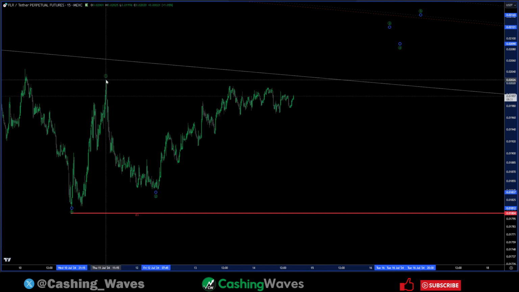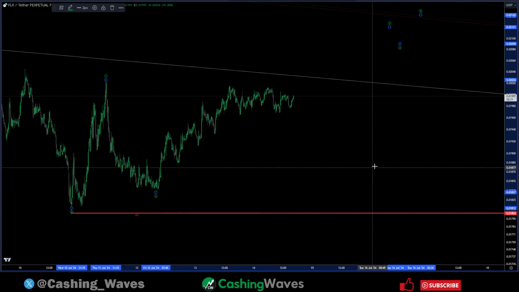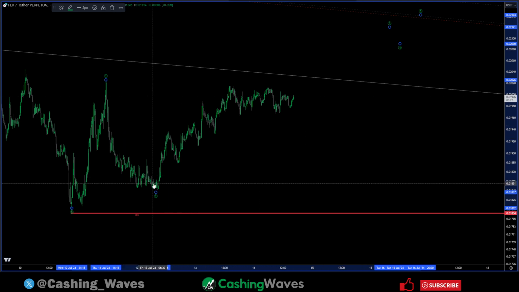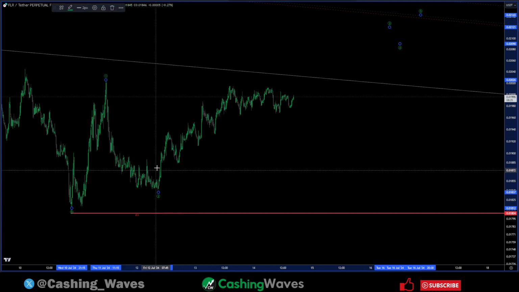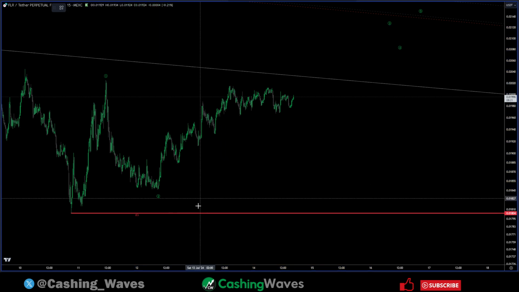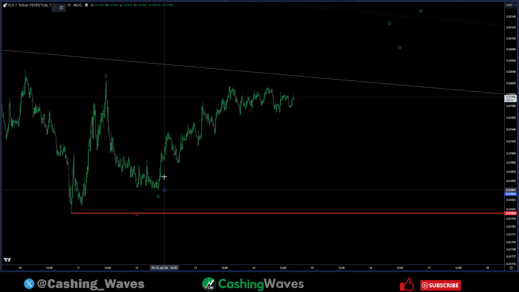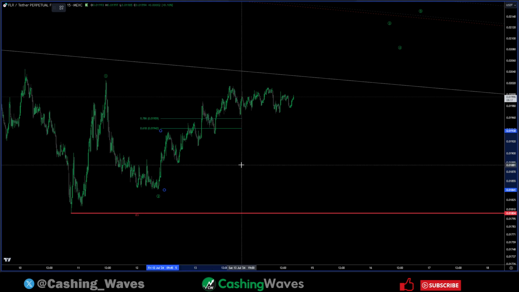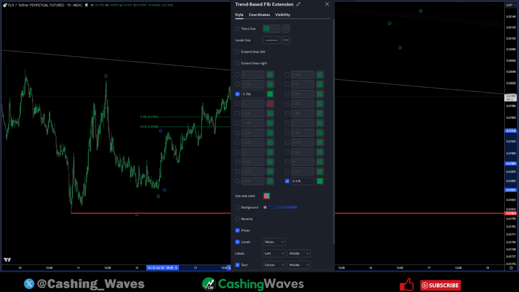This would be a zigzag with an ending diagonal. We then have another, most likely 5 wave move here, or this is a diagonal. I don't love those extensions either.